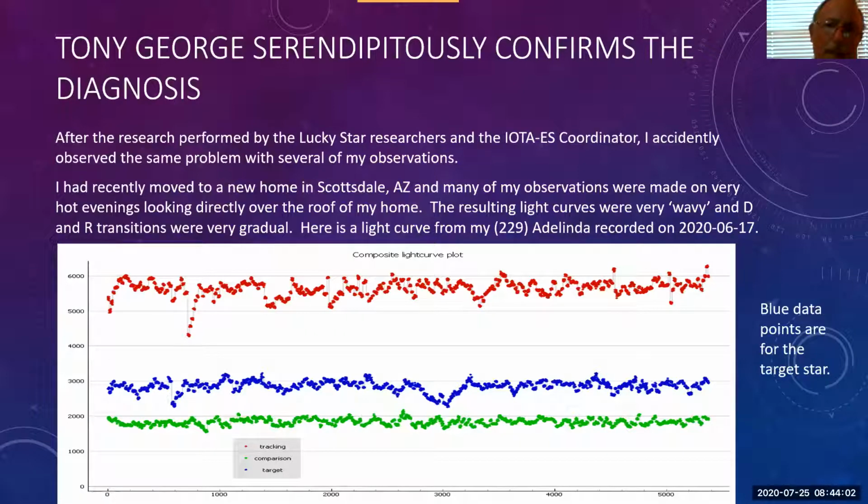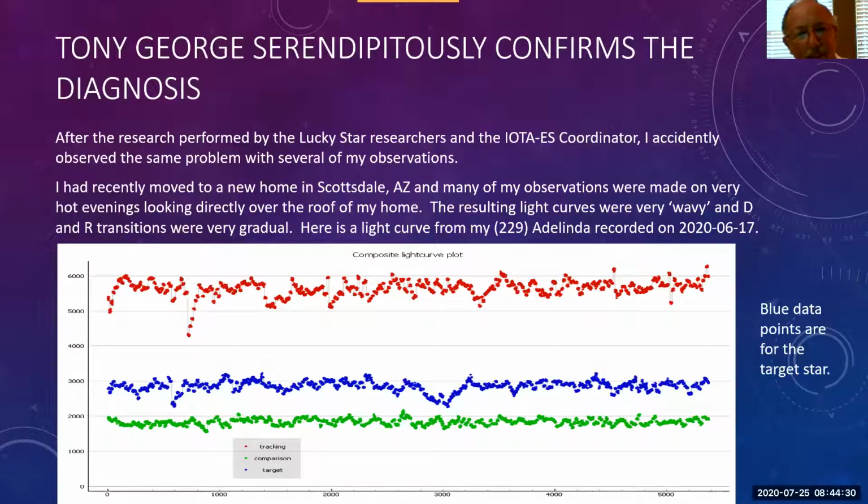At the same time, I serendipitously confirmed this diagnosis that Eric came up with independently. So after the research was performed by Lucky Star and IOTA and Eric Frappa, I accidentally observed the same problem with several of my observations.